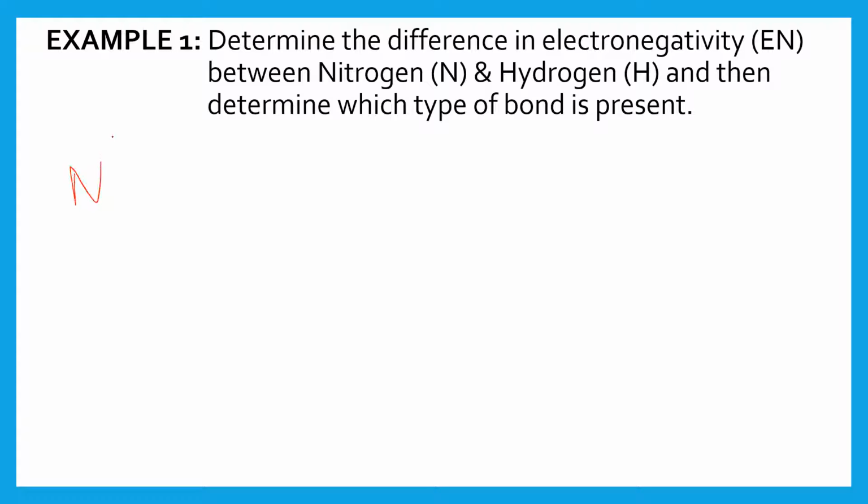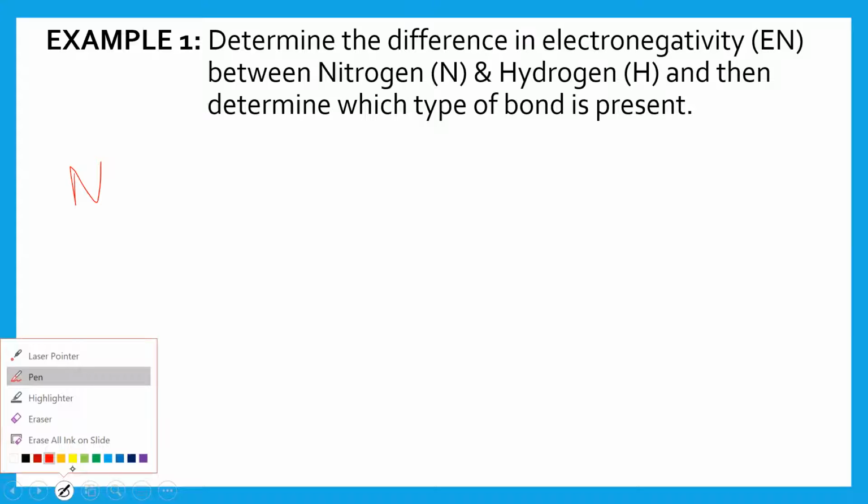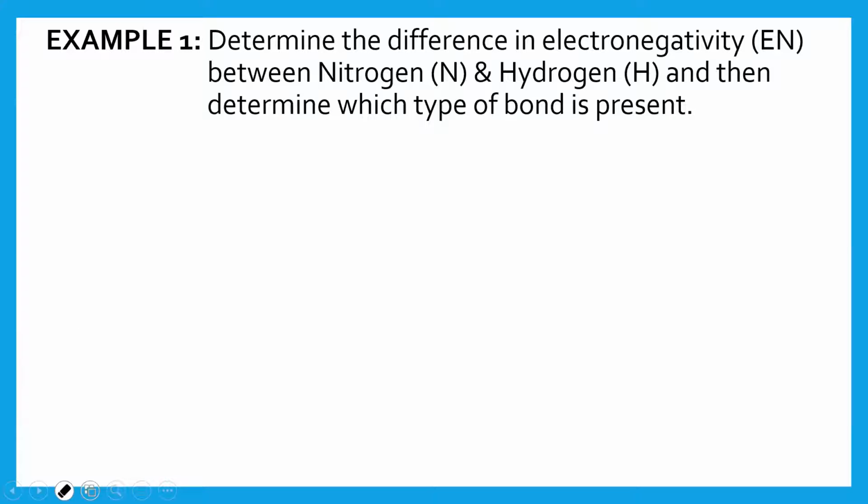I'm going to consult my electronegativity periodic table, not just the regular one. Looking at that table, nitrogen's electronegativity value is 2.81, and hydrogen's electronegativity value is 2.20.